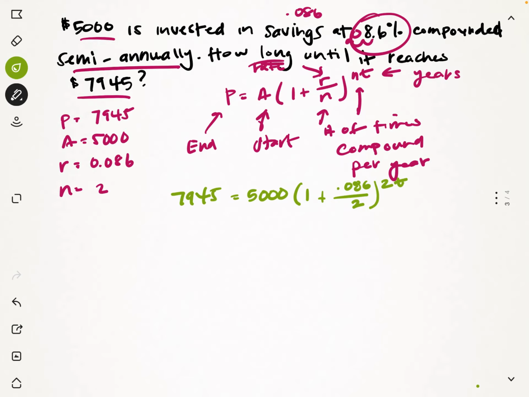All right, so let's start cleaning this up a little bit. So let's do 1 plus 0.08 divided by 2. So this is 1.04.